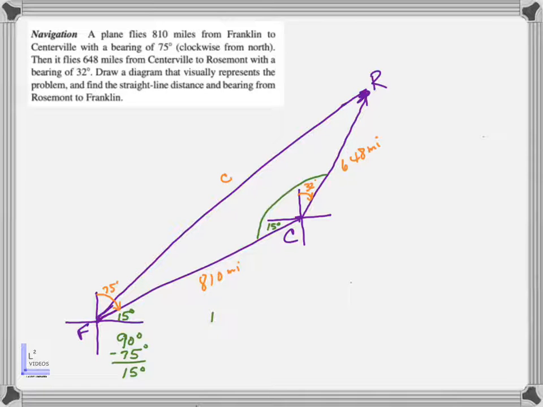That's how you get your angles inside your triangle. And this angle right here is 90 degrees. So we add 32, 90, and 15 to get angle C altogether. That's 137 degrees. Now we can use law of cosines to find that length for C.